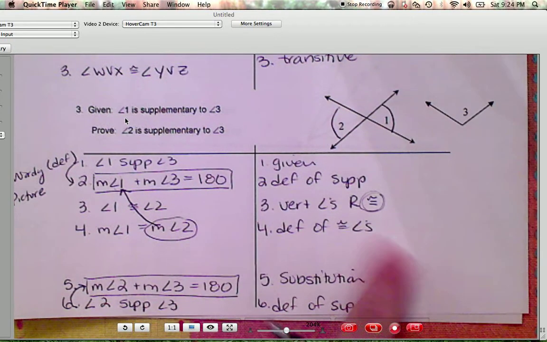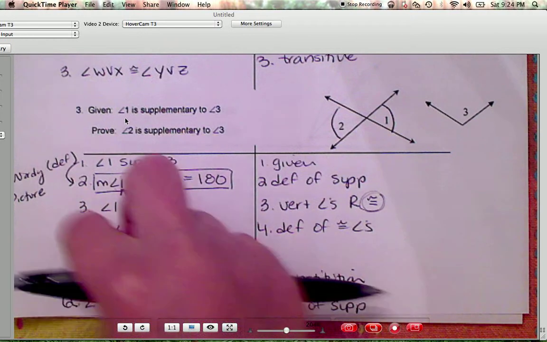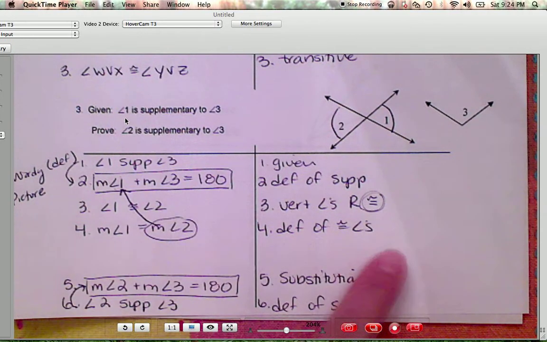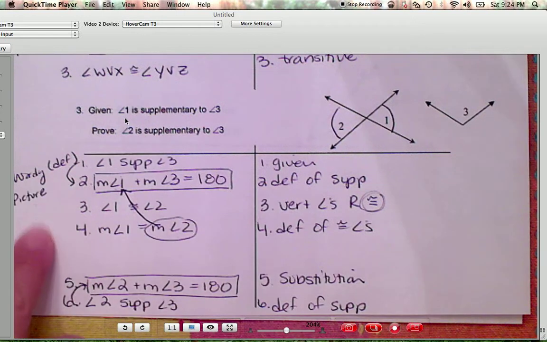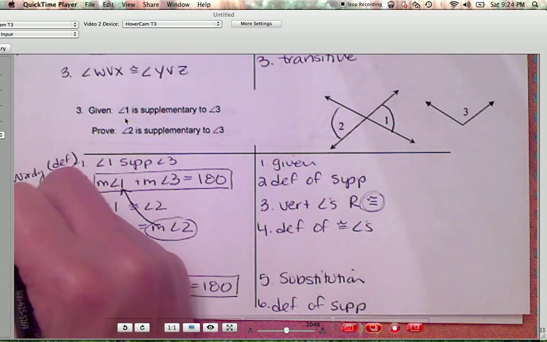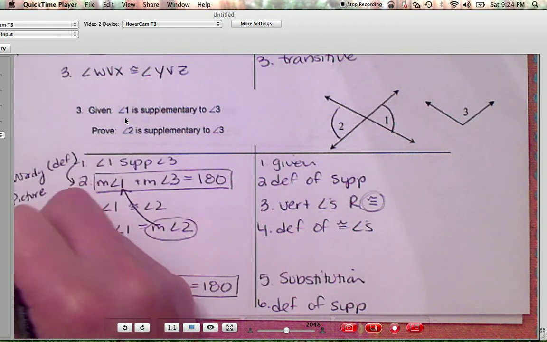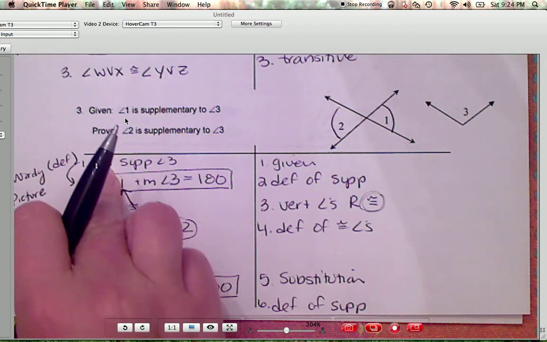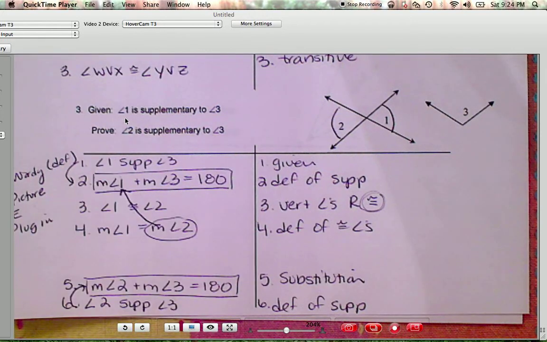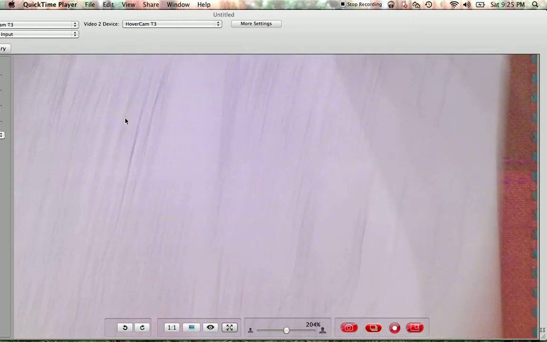And if that means there's a little gap in here because you didn't know how much space you need, that's totally fine. It's good to do everything you can, all those wordy statements. Then we went to the picture, and then we didn't do equal to the same thing, but we did a plug-in step, plugging in something for something else. So that was our next step there. Okay? So moving on.